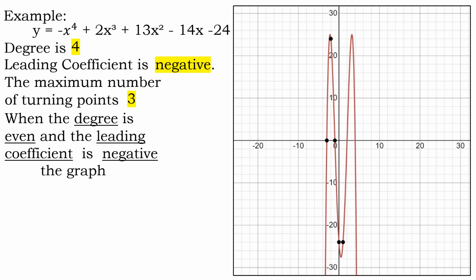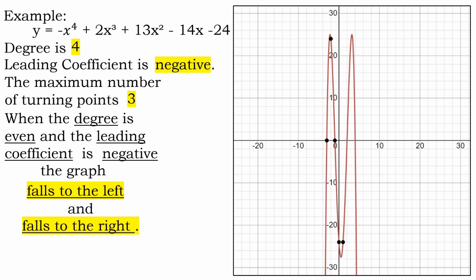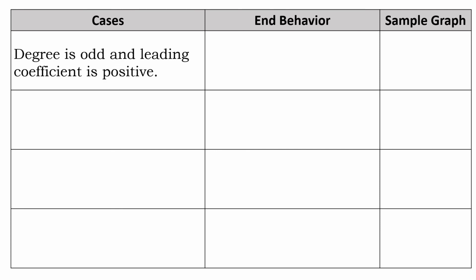Now, when the degree is an even number and the leading coefficient is negative, what is the end behavior of the graph? The graph falls to the left and also falls to the right. Let us summarize the cases, the end behavior, and the sample graph.